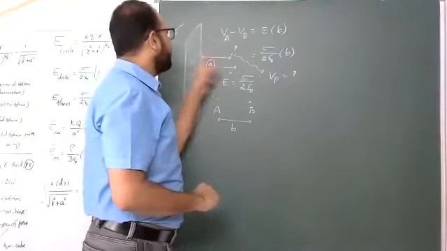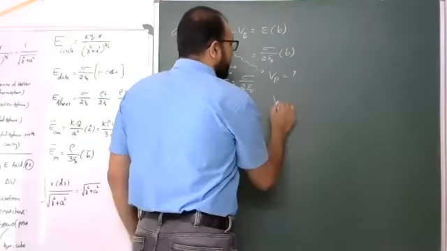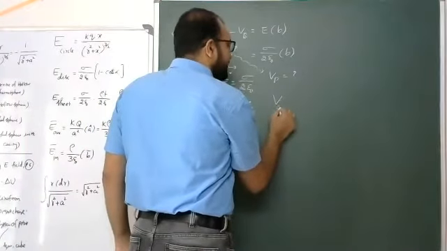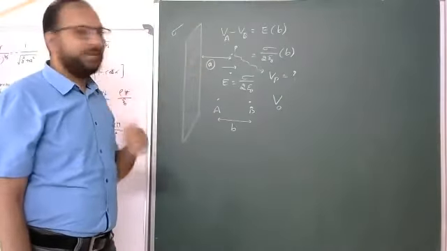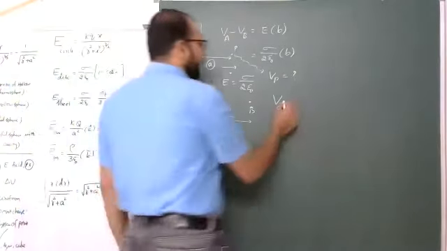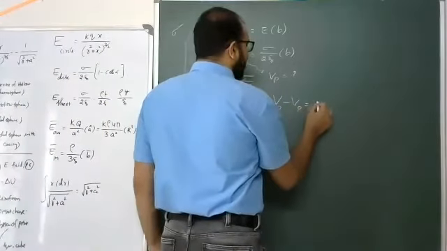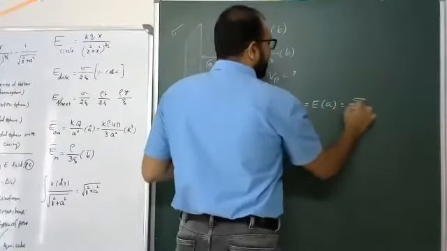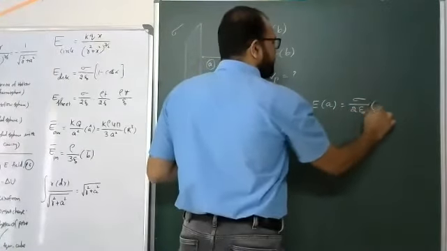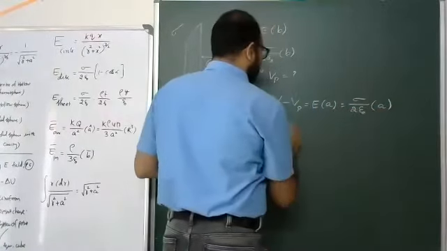On the surface of the sheet I am assuming the potential is V naught. V naught minus Vp equals E into small a, that is sigma by 2 epsilon naught into small a.